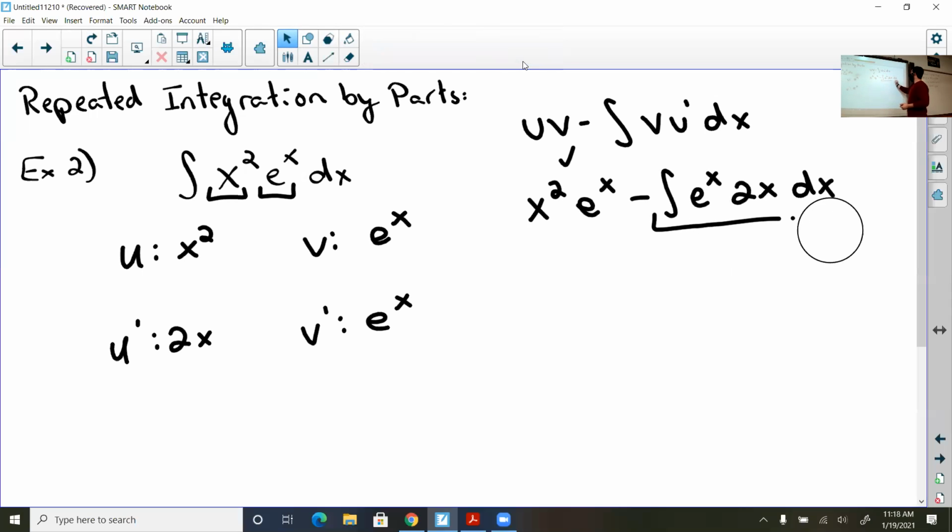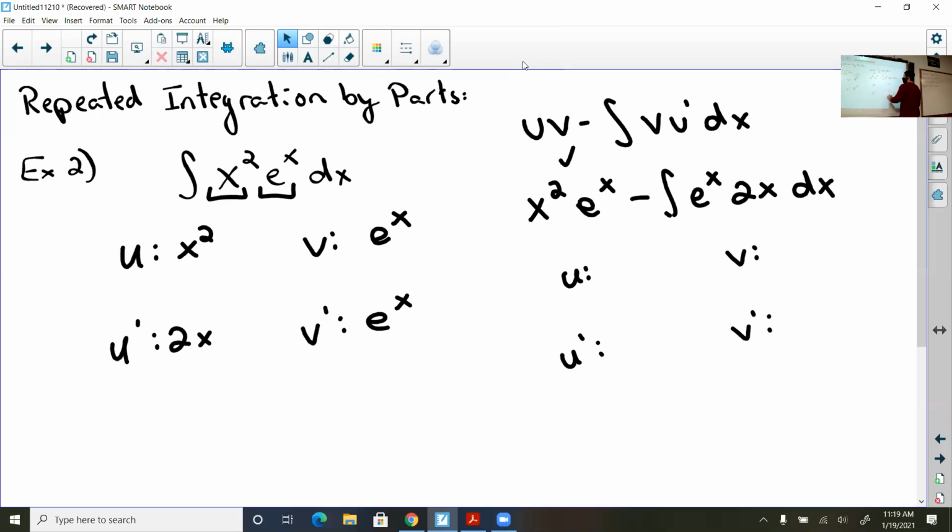So that means that I have another integration by parts that I would have to do, just using this second term. So I'm going to have to set it up again. My u value, I'm going to make 2x. My u prime, I'm going to make 2. And then my v prime, I'll make e to the x. And so my v is also e to the x.